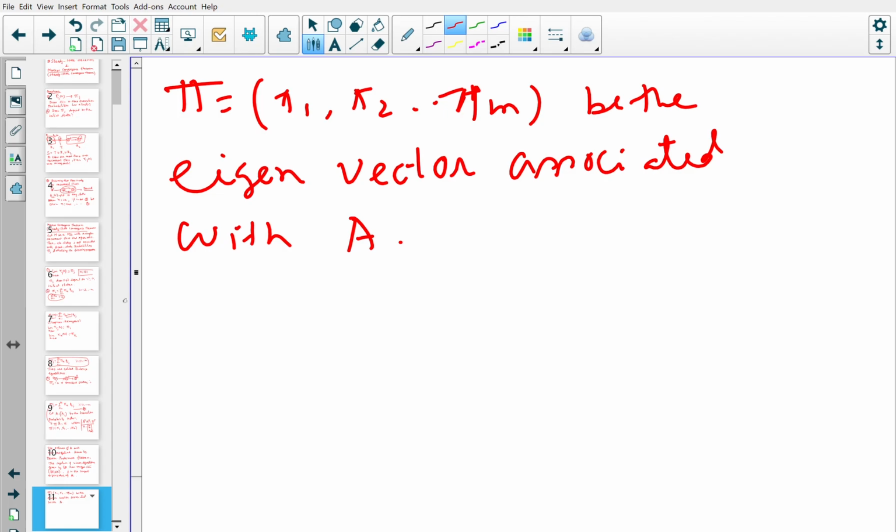So what does that mean? It means this pi 1, pi 2, pi m is actually generating a distribution, because on the transient space it is 0, on the recurrent space it is positive, and the total sum is 1.